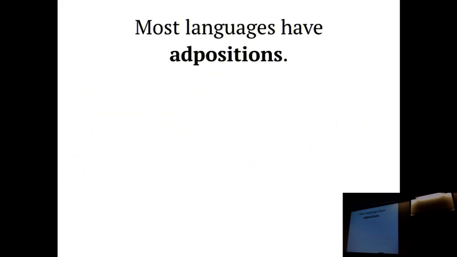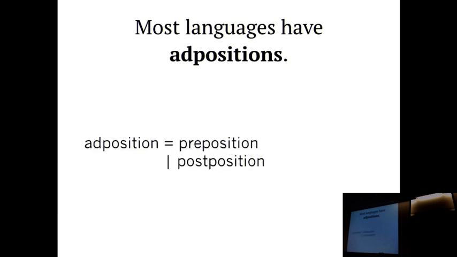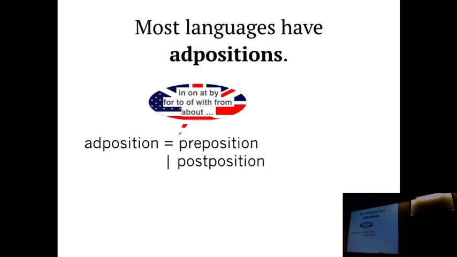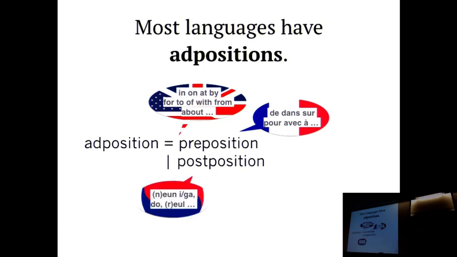To bring you up to speed on terminology, there is this term adposition, which is a cover term for prepositions and postpositions. So English has prepositions, which means they precede the noun phrase. And other languages you may have studied, like French, also have prepositions. But some other languages, like Korean and Hindi, Urdu, have postpositions.